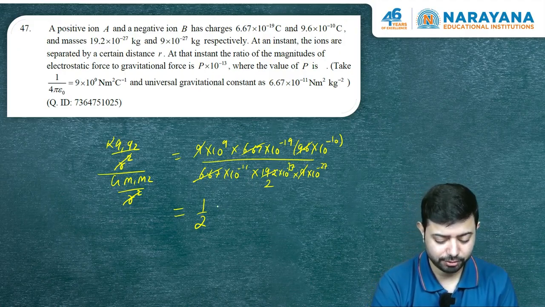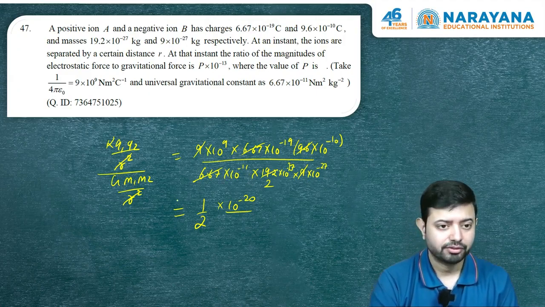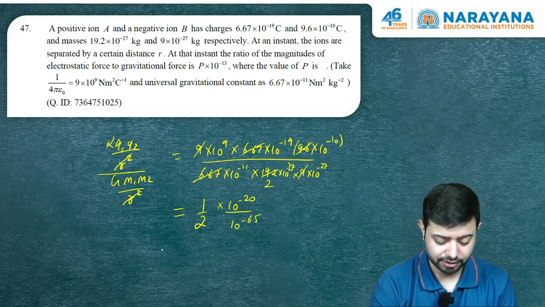Overall, it will be 10 to the power minus 20 divided by, then 10 to the power minus 11 in denominator, 10 to the power minus 27, 10 to the power minus 27, that is 54. 54 and 11 together will give me how much? It is going to give you 65. So, 10 to the power minus 65, right.